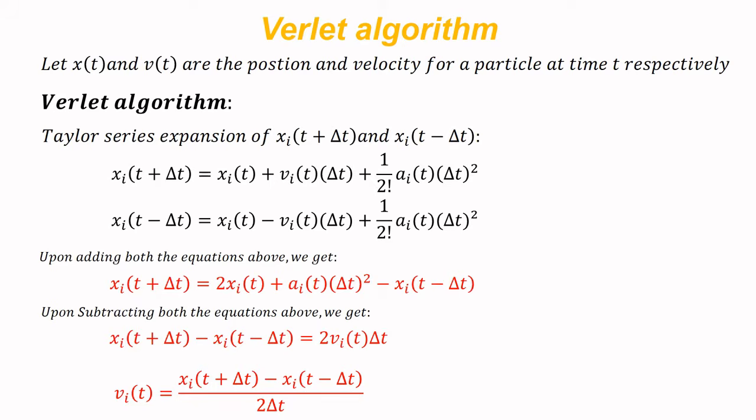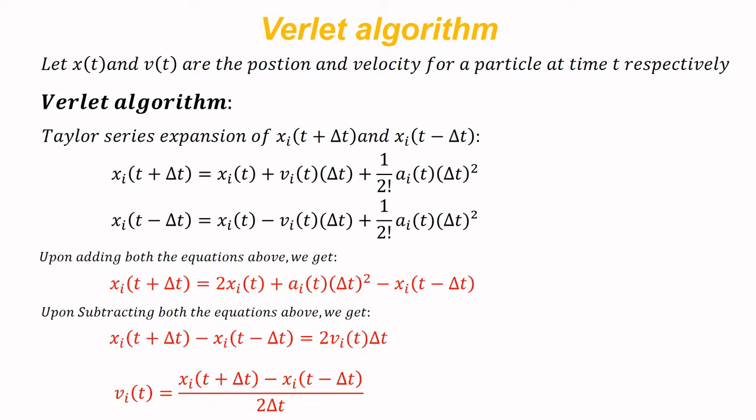So according to the Taylor series expansion, x(t plus delta t), that is the position of the particle at time t plus delta t, is equal to the position of the particle at time t plus the velocity of the particle at time t into delta t, plus 1 by 2 factorial the acceleration of the particle at time t into delta t square.